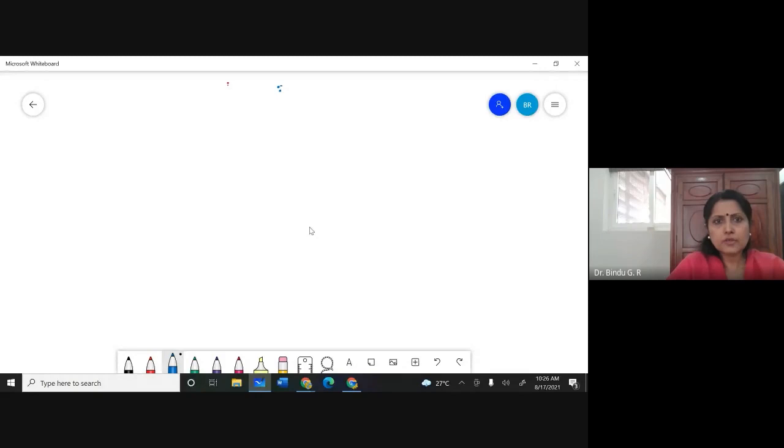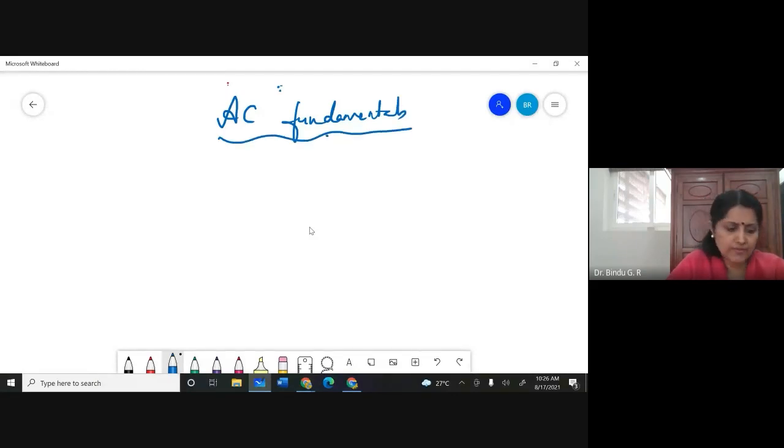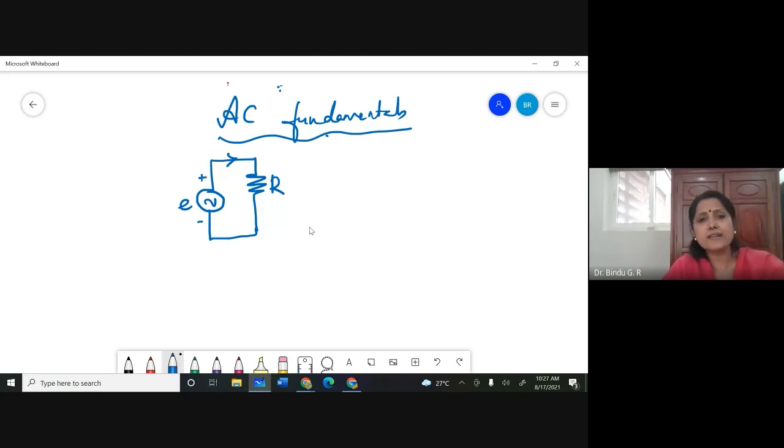So, AC fundamentals. Usually an AC source is denoted like this. Suppose I have a resistance like this. This is E. At one instant, the polarity will be like this and the current through it will be flowing like this.